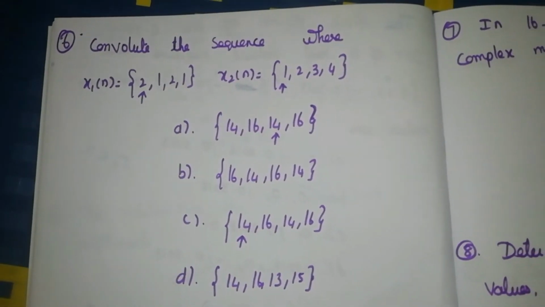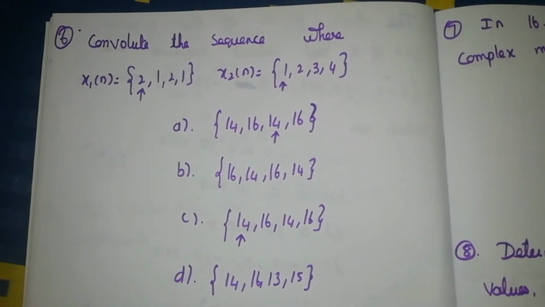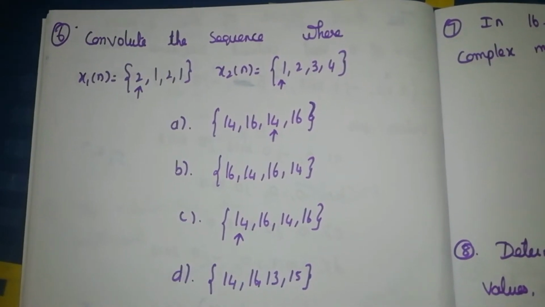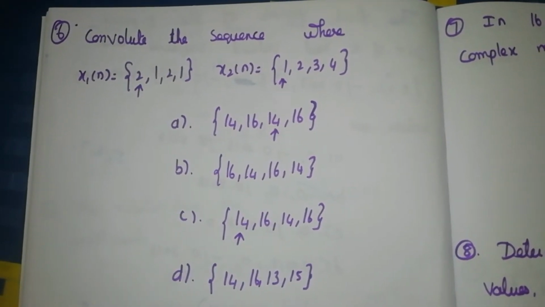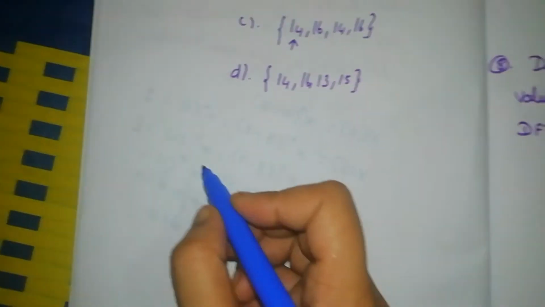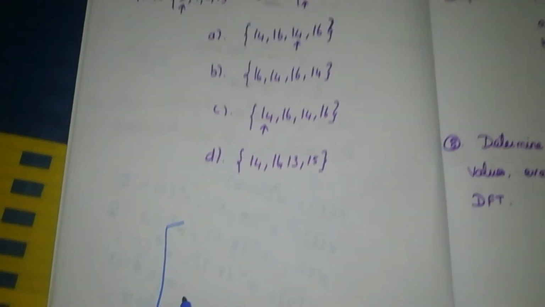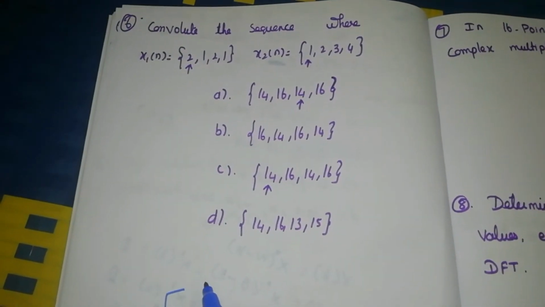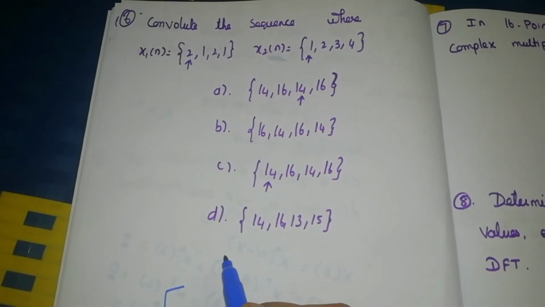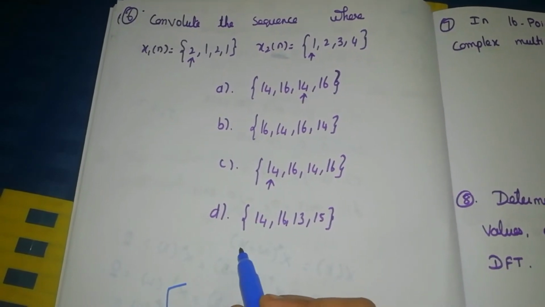Next question, convolve the sequences where x1 of n is equal to 2 1 2 1, x2 of n is equal to 1 2 3 4. So the shortcut here is, x1 of n stays the same, we have to shift the x2 of n values.